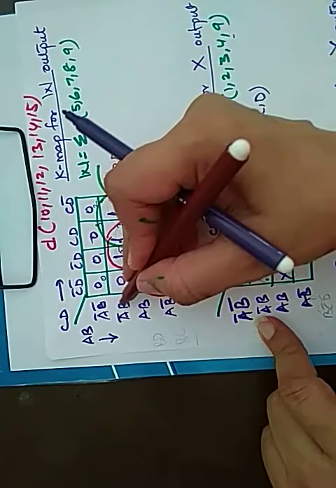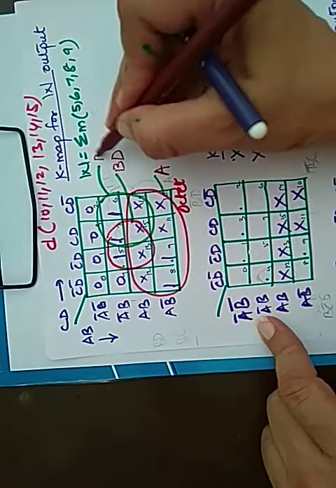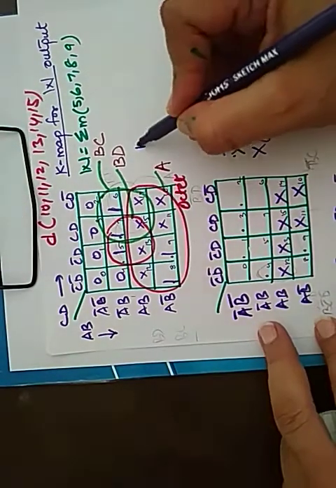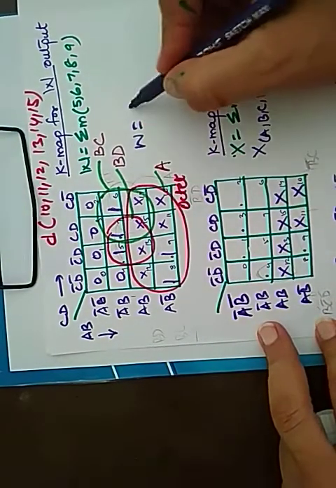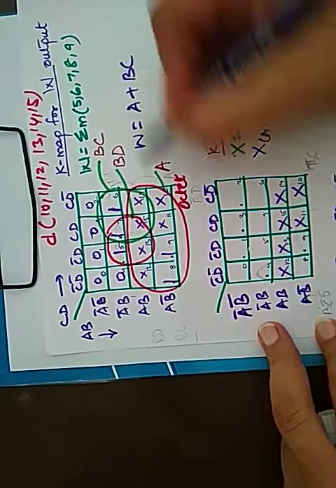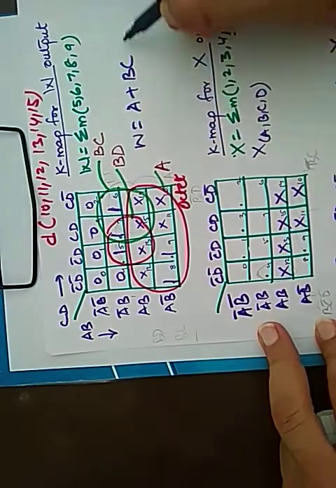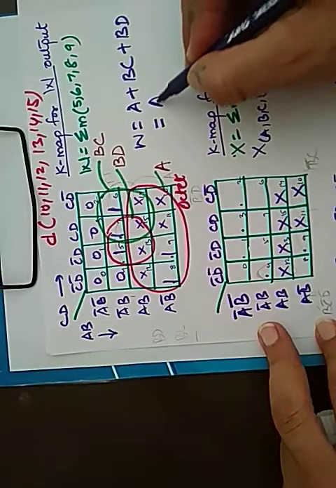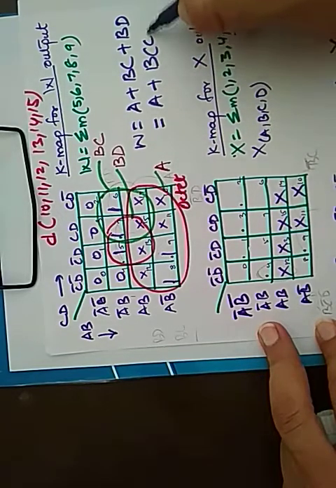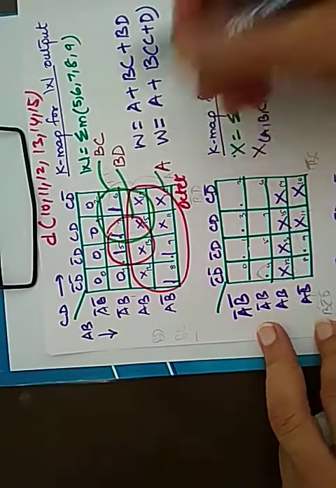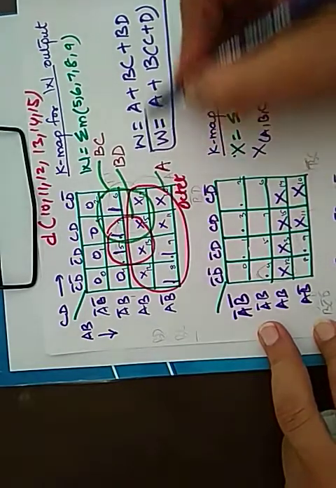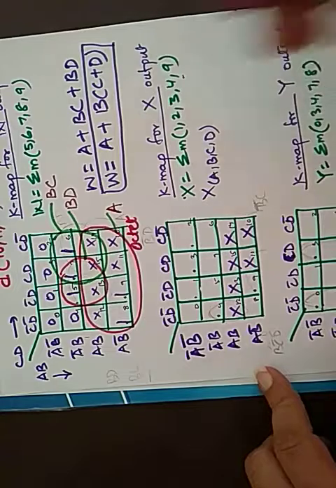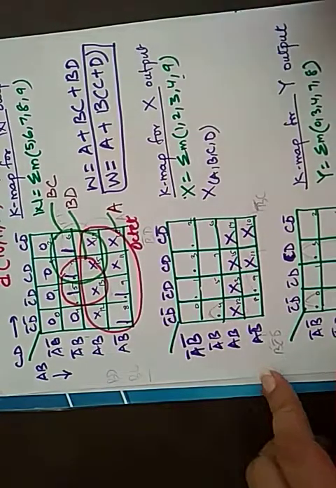And this one has B, and from here it has C. So we simplify the function W as the sum of all these: A plus BC plus BD. And we can simplify this further like this. So this is our first output function, W. We will later see why we have done this.